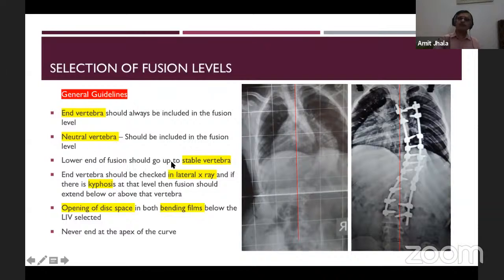The lower end of the fusion should go up to the stable vertebra, and you have to see the lateral X-ray and include the kyphosis. You have to include that part also in the curve, and you have to see the opening of the disc space in both the bending films, and then you select the LIV and never end at the apex. So these are the general guidelines that I follow. Now there are some rule changes to this, which have already been discussed.